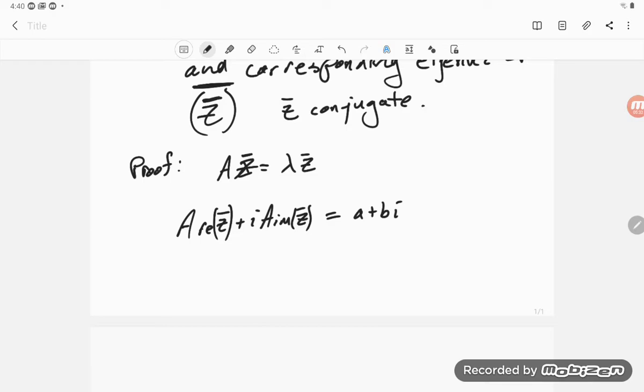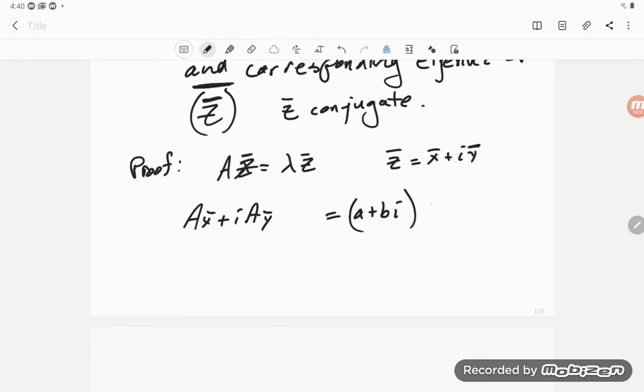Now it'll probably be easier to write z as the real part x plus iy, like that. So we get Ax plus iAy on the left, and on the right we have a plus bi times x plus iy.